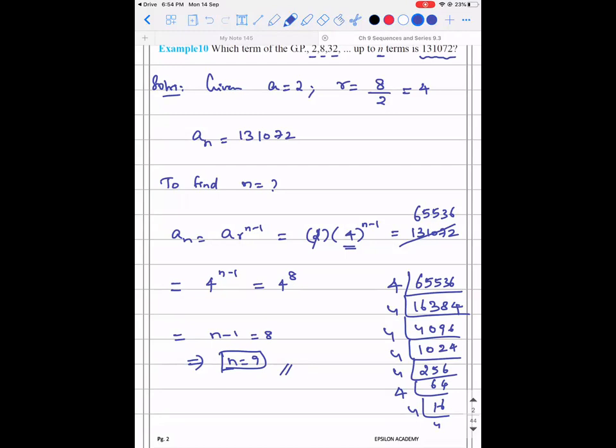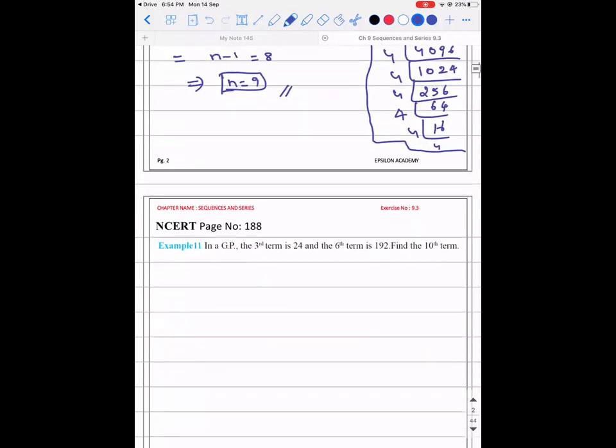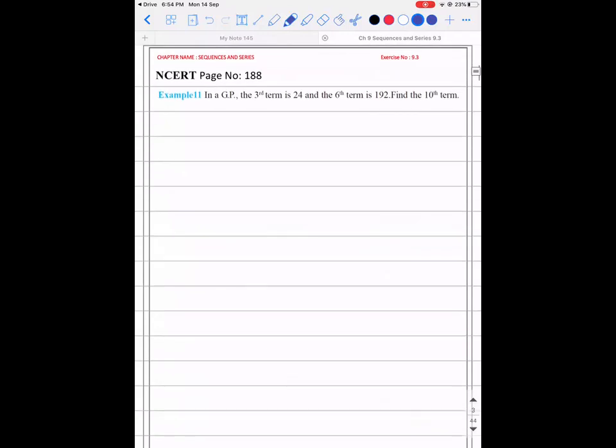Okay. Moving on to the next problem. The 11th example is: in a geometric progression, the third term is 24 and the sixth term is 192.